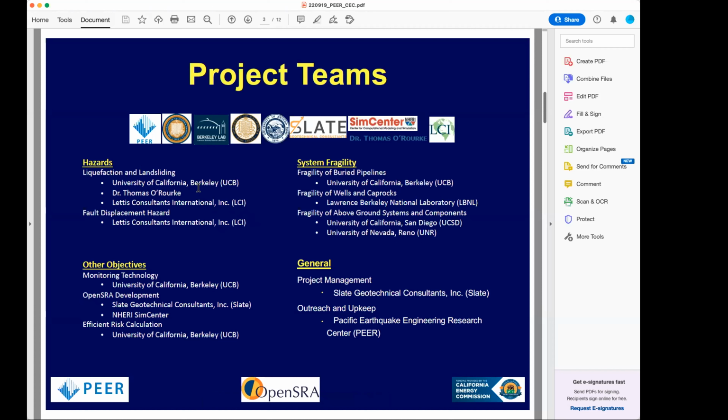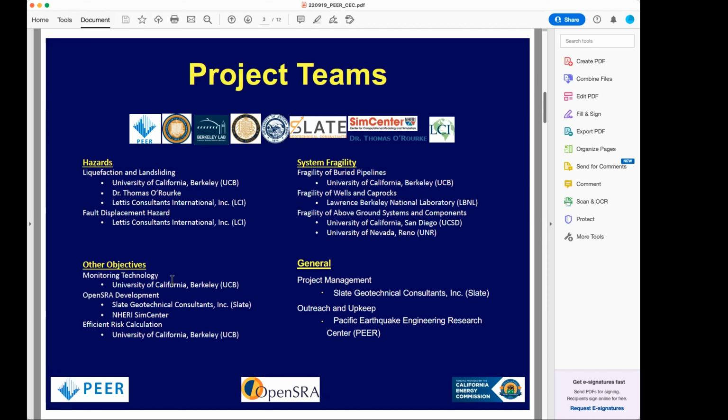For wells and cap rocks at some of the gas storage facilities, we have LBNL. And for the above ground systems and components, we have David McCallan as well as Tara Hutchinson.